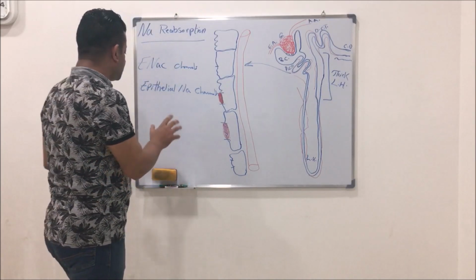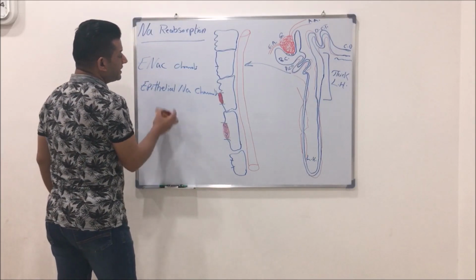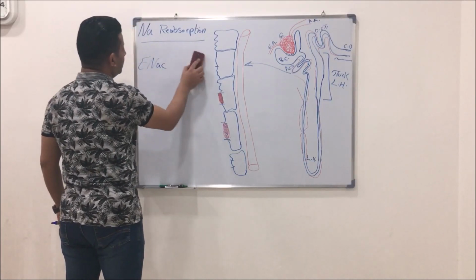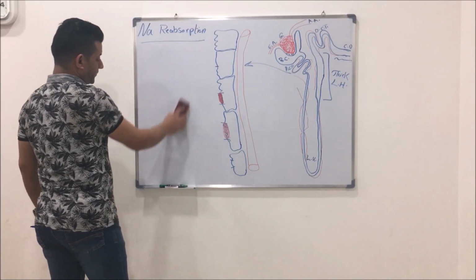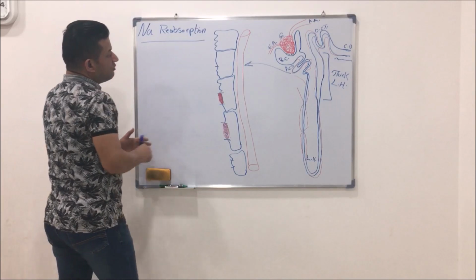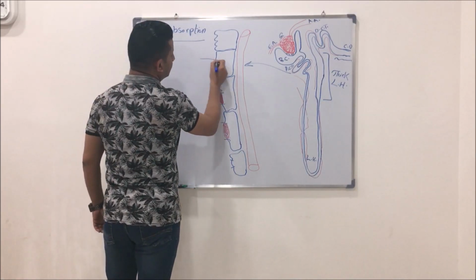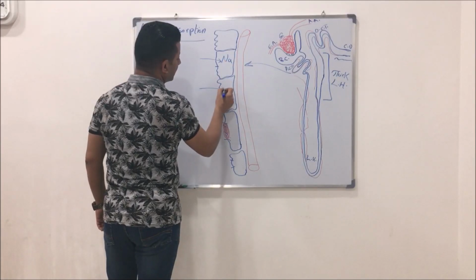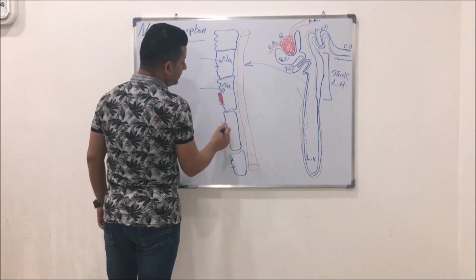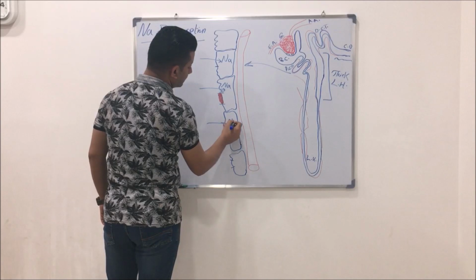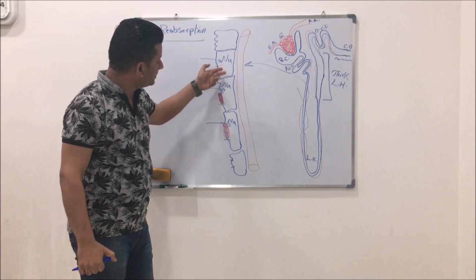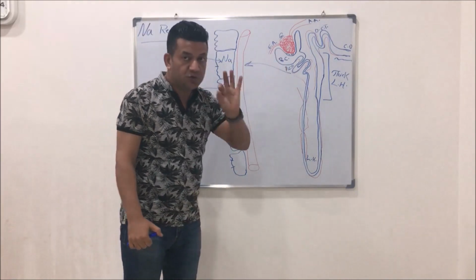So up to this point, the reabsorption mechanisms of sodium in the renal tubules are finished. Now, when sodium is reabsorbed to the inside of renal tubular cells, what is the fate of sodium now inside the cells?